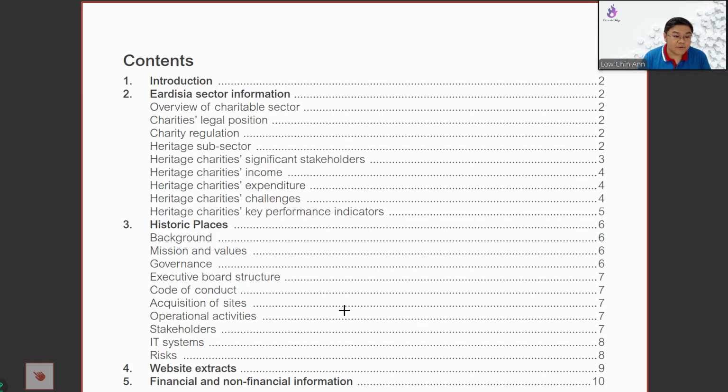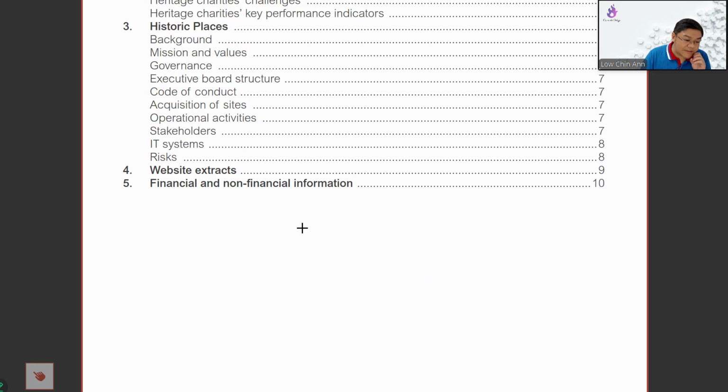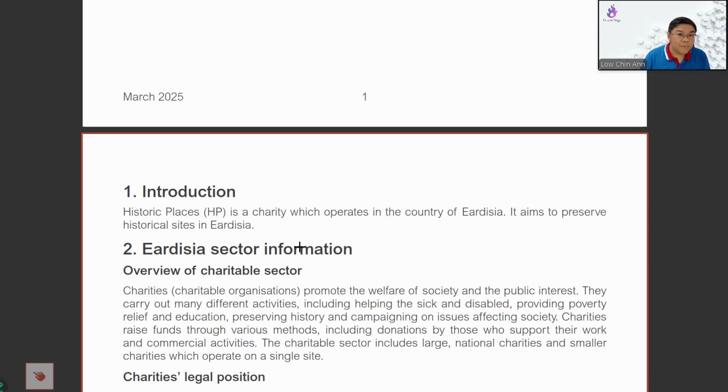In this case, you also see their structures are very different. If you have read this, you would know that this is a company limited by guarantee. What exactly is that? I'll explain to you later. So the good thing about Preseen is it gives you the opportunity to Google something that you don't understand. So when you go for the exam, you will not be like, oh, I don't know what this is.